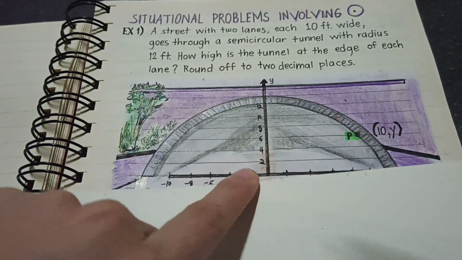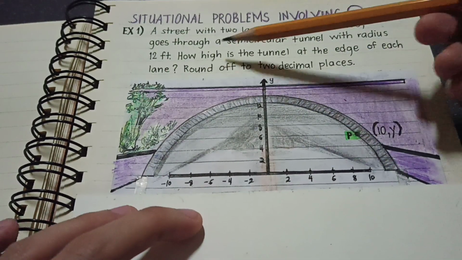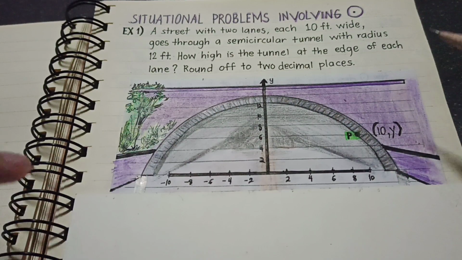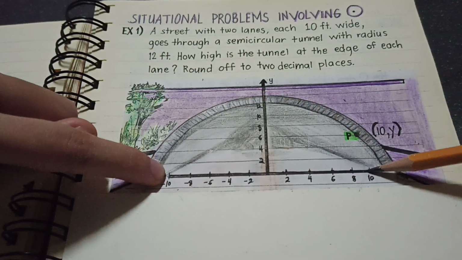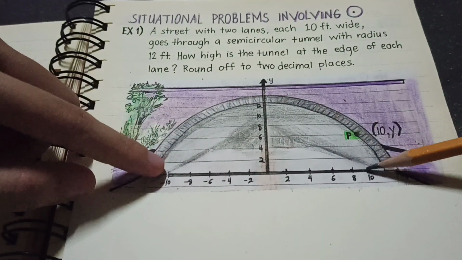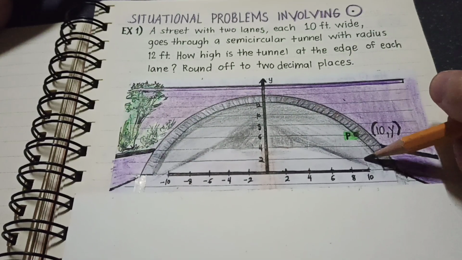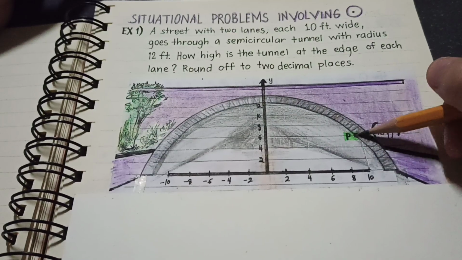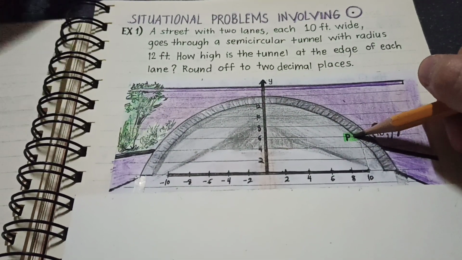So the question is height, right? Height of what? How high is the tunnel at the edge of each lane? So if this is the edge of the left lane or the right lane, any of them, what's the height? Now, if I construct invisible lines here for the height, I'll end up touching the arc, the semicircle, right?